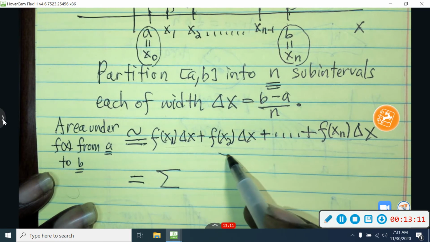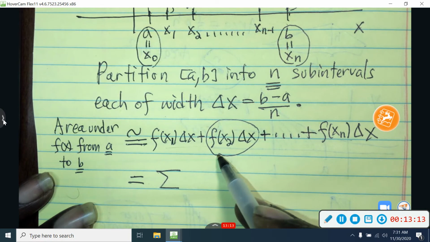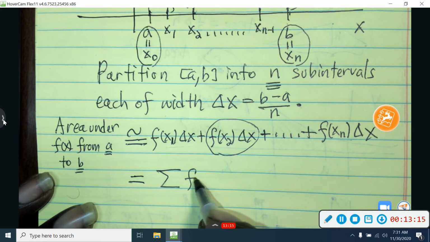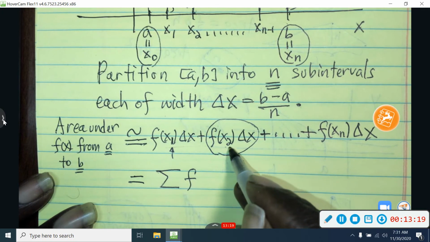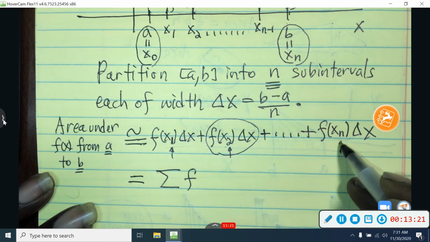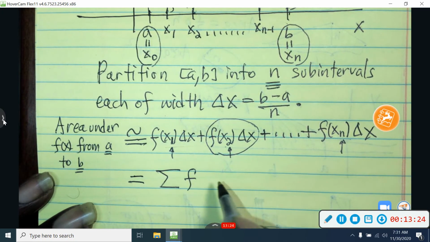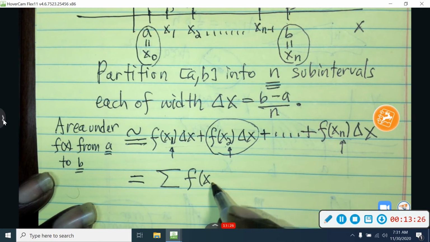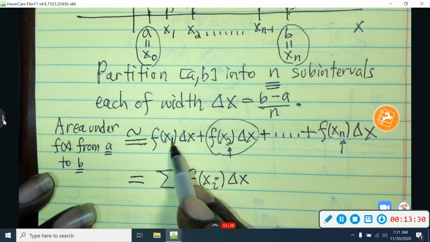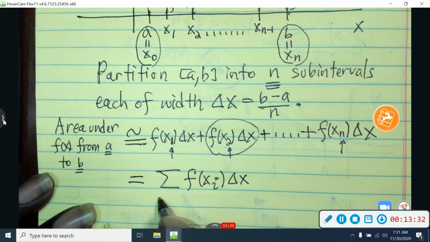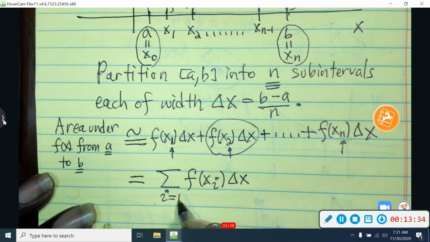And realize you're summing up a figure that looks like this over and over again. So it's f of, but these numbers keep changing down here. Here's 1, here it's 2, here it's n. These indices keep changing. So in general, it's f of xi delta x. And the i ranges from 1 to n.